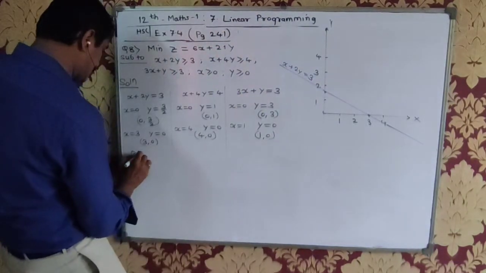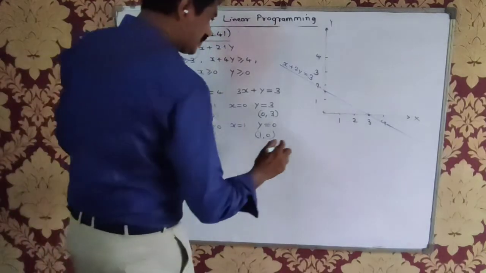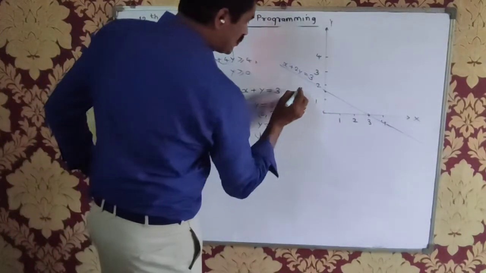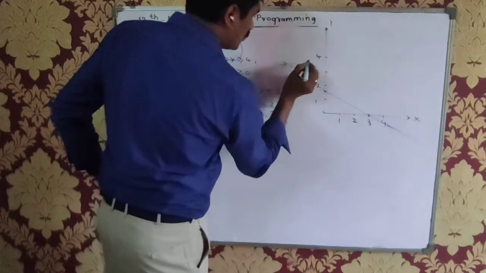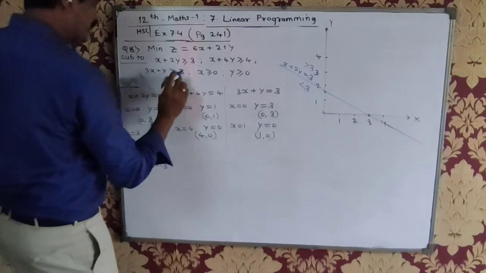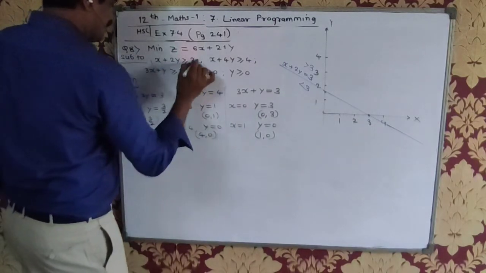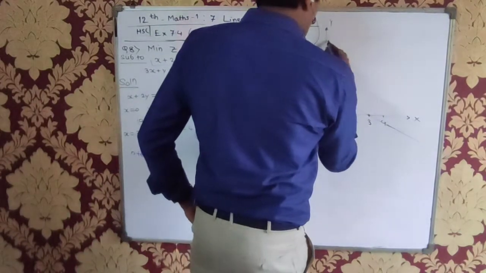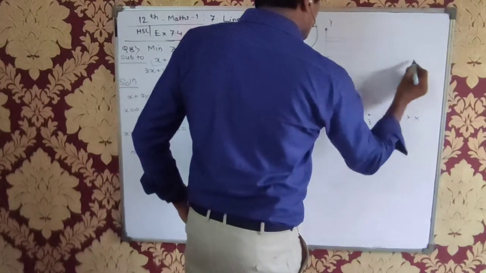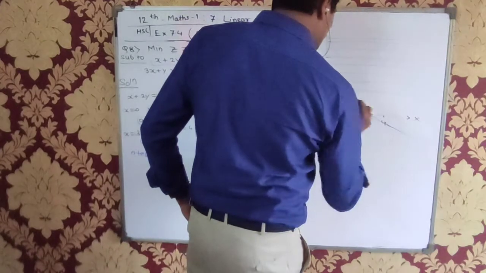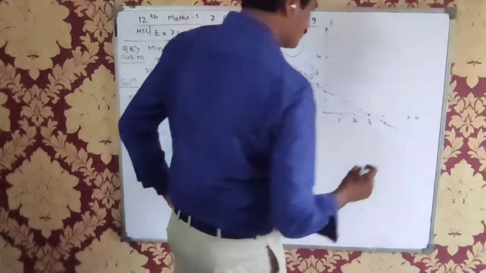The origin test will say it is 0 and 0 is less than 3. So all the points on the origin side are less than 3, on the non-origin side are greater than 3, and we are looking for all the points x plus 2y greater than or equal to 3. Greater than or equal to 3 means on the line and above the line. So I will shade this region with all the points on the line and above the line. I hope this is clear to you all.